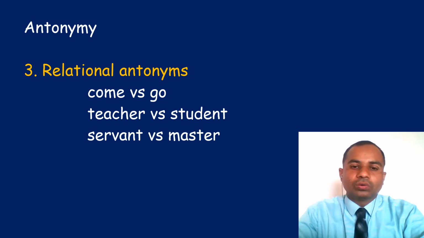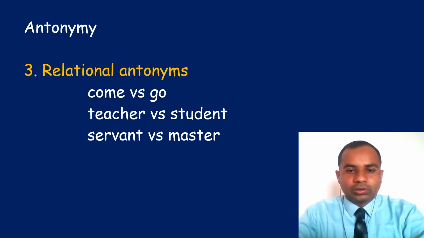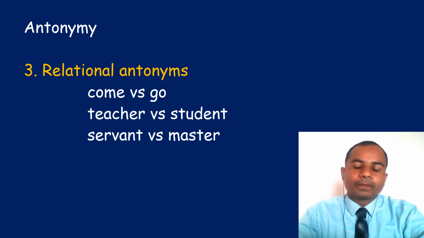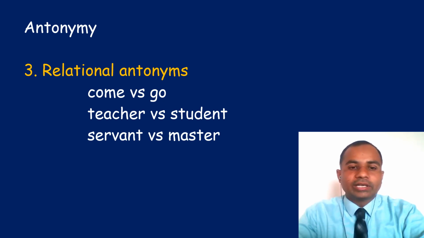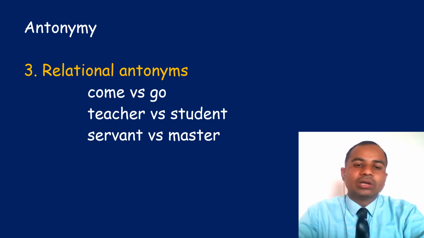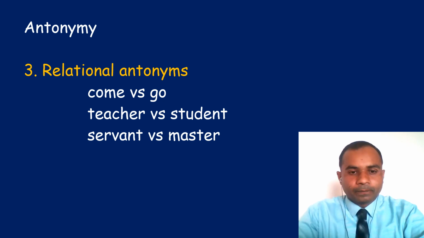When someone goes to classes or college, a learning place, he or she can be a student. But when she goes home, there she may be a daughter or he may be a son or have some other role. So these are relational terms, and in certain situations these roles are assigned. Again, we have servant versus master and such things.